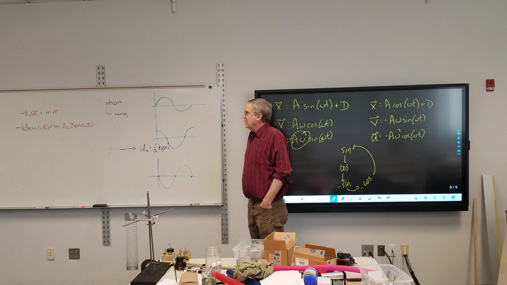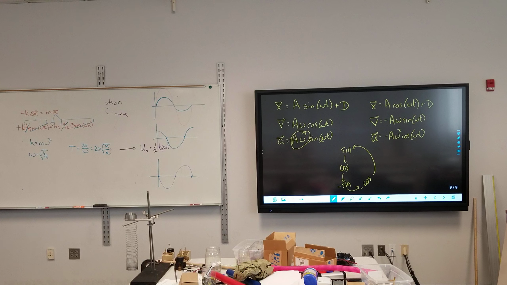I know that the period is equal to 2 pi divided by omega. So that becomes 2 pi times the square root of m over k. Since we're dividing by omega, it gets flipped.